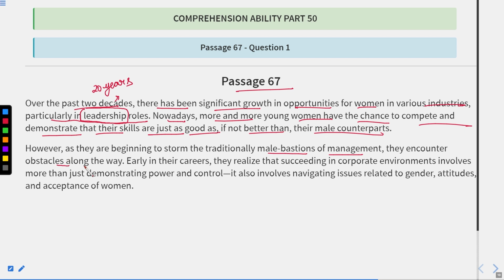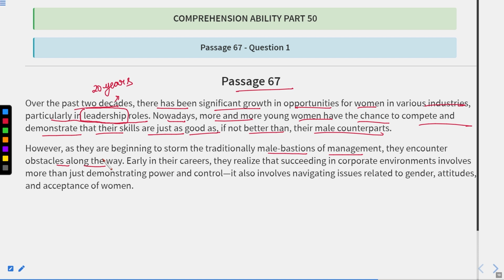They encounter obstacles along the way, because they want to remove this approach, that only men can manage well, from the minds of the people.